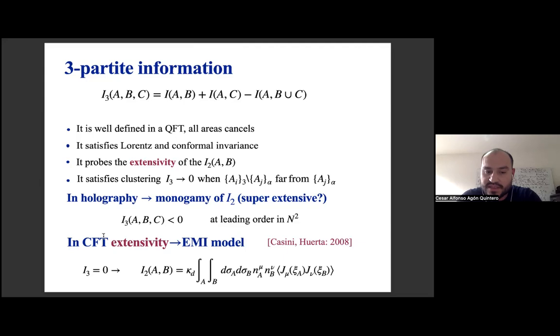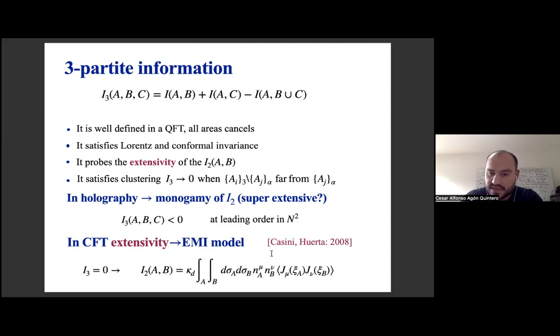If you impose that the CFT is extensive, so that given any triple of regions you get I3 equal to 0, then Casini and Huerta showed that the mutual information is completely fixed. It's a concrete geometric formula given in terms of a correlator, where the correlator that appears here is just the correlator of a conserved spin-one current. So this is completely fixed.